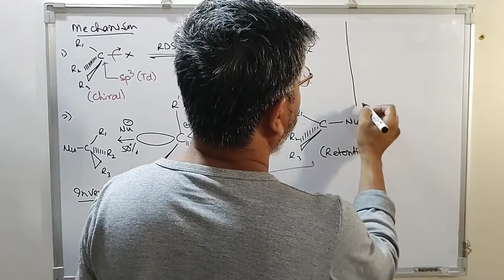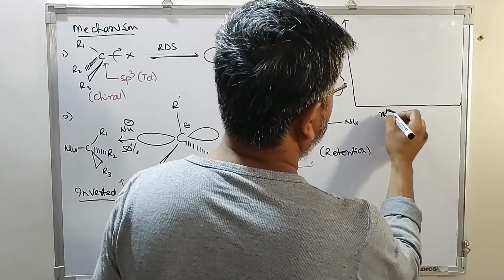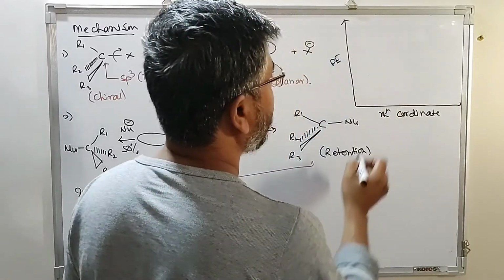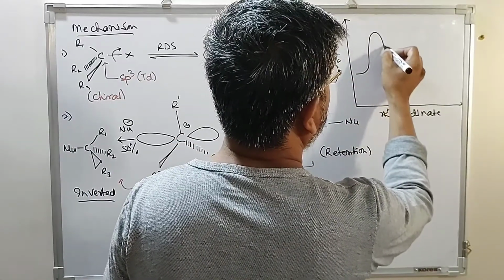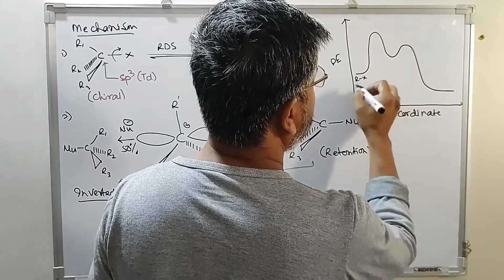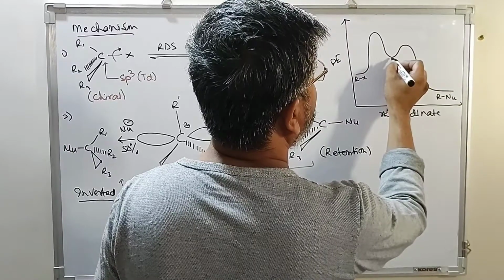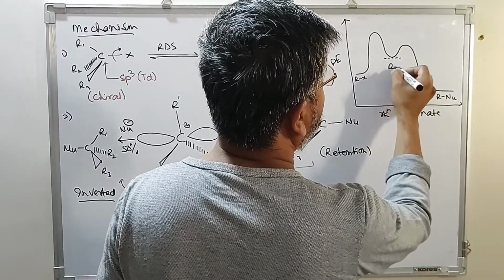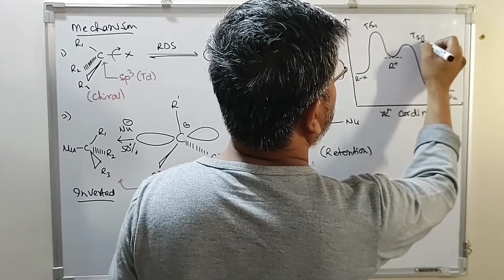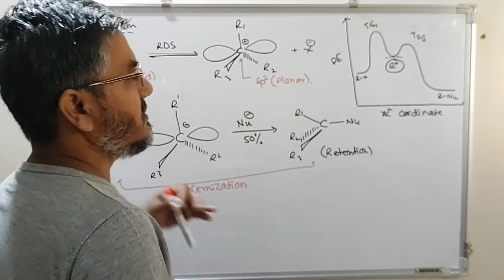If we draw the energy profile of SN1, that is, the reaction coordinate and the potential energy, this is RX, this is the product, this is the intermediate, this is transition state 1, transition state 2, and this is the intermediate carbocation. So this is the energy profile.